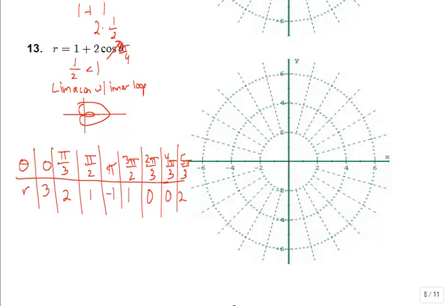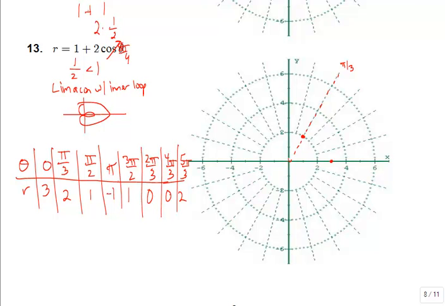So let's plot our points. If theta is 0, we're out here along the positive x-axis, and we want to go out a distance of 3. So that would be right here. At pi over 3, which is up here, we want to go out a distance of 2.